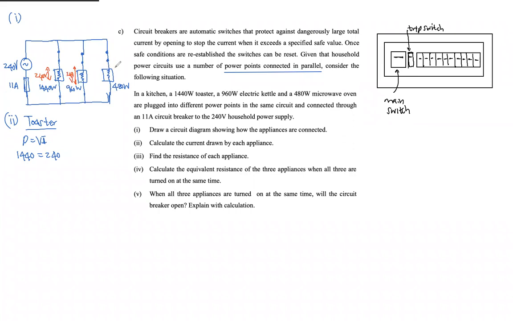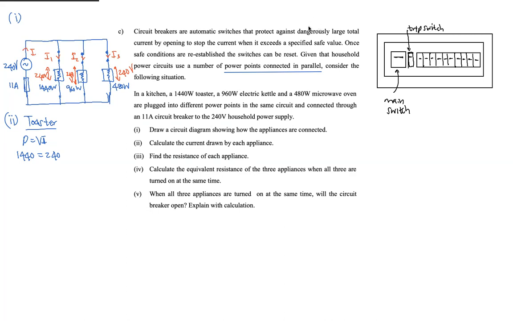They are not talking about any internal resistance. Three different currents are going to flow, I1, I2 and I3, and the total current coming in is I. This I can't exceed 11 ampere. If it exceeds 11 ampere, this will burn.